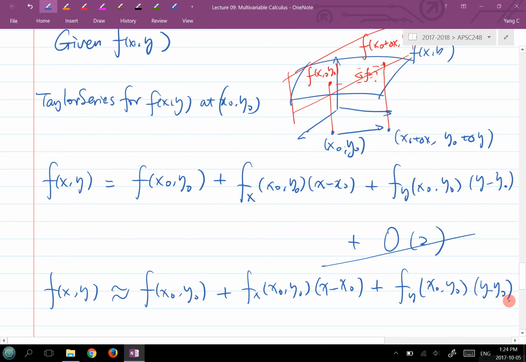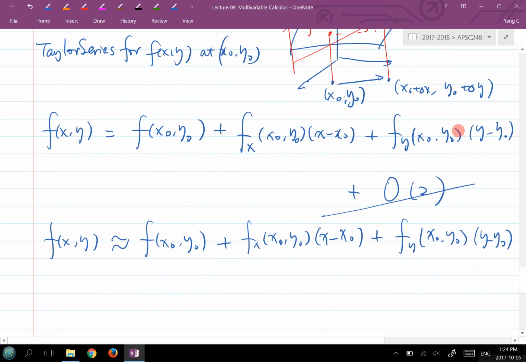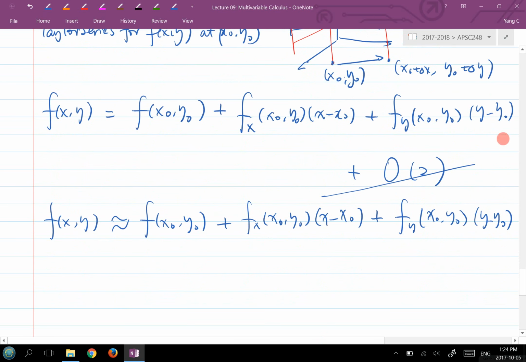Let's look at this expression here. Your function f is approximately equal to this. From this single expression, I can extract two pieces of information. One is I'll move this term to the left side. Then on the left side you have the value of function f at the current x, y location minus the initial location, which is basically delta f.